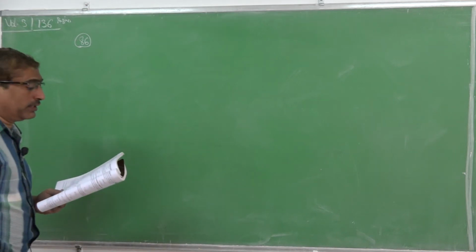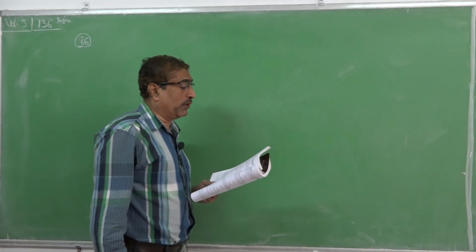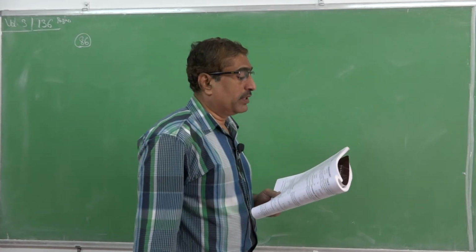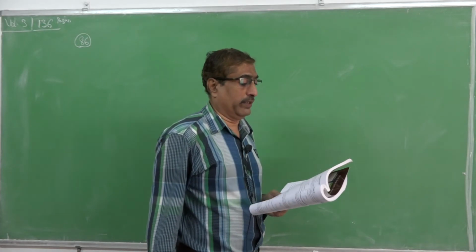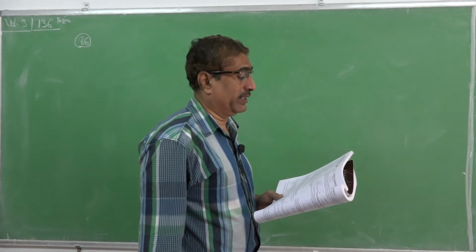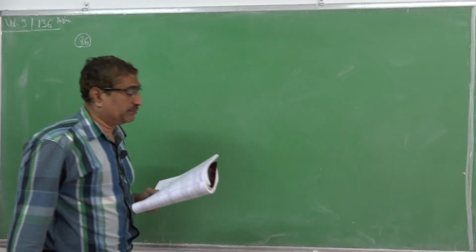Consider a simple harmonic oscillator of mass 0.5 kg and force constant 10 Newton per meter and amplitude 3 centimeter. The maximum speed is.